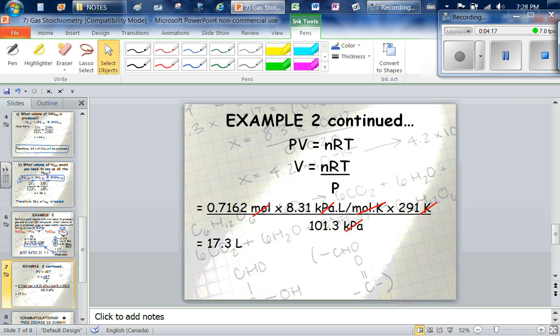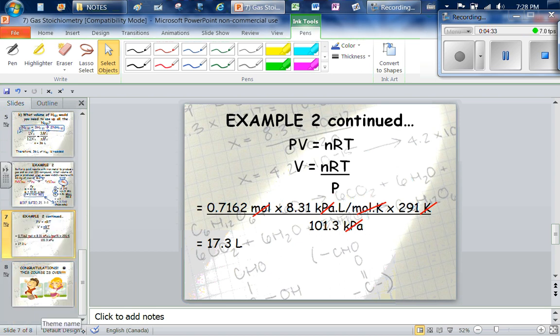Now we can use PV equals nRT. We're looking for the volume, and we have the number of moles, the R constant, the temperature and the pressure. Substitute in your numbers, and it ends up with 17.3 liters.